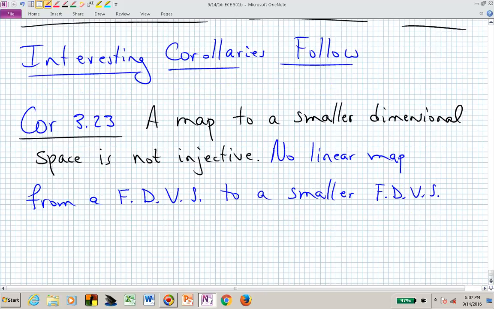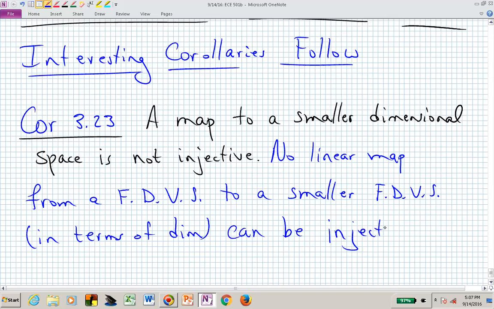By smaller, I'm meaning in terms of dimension.